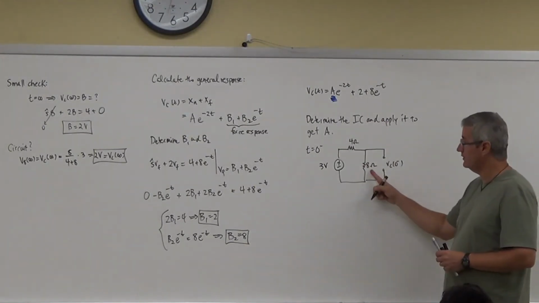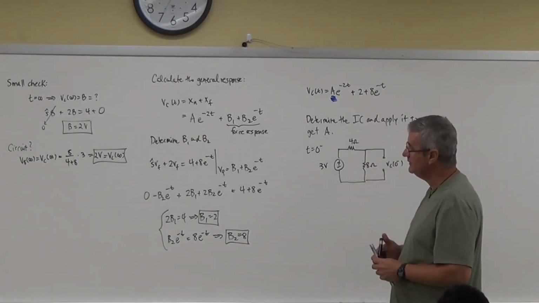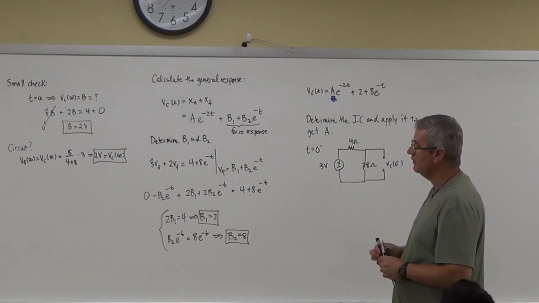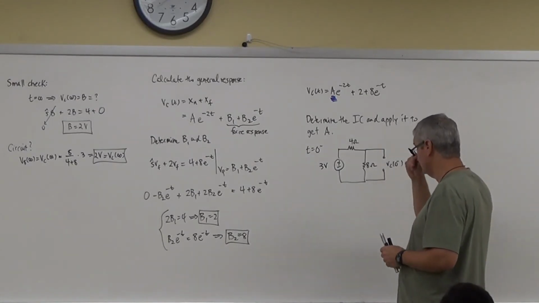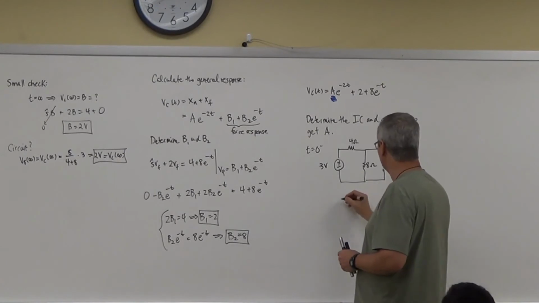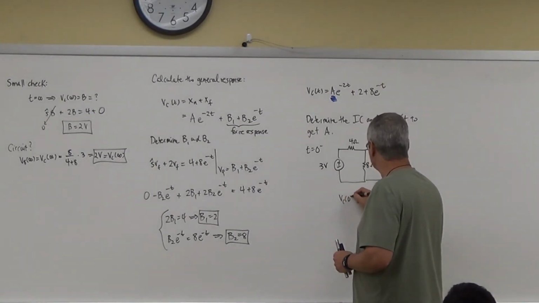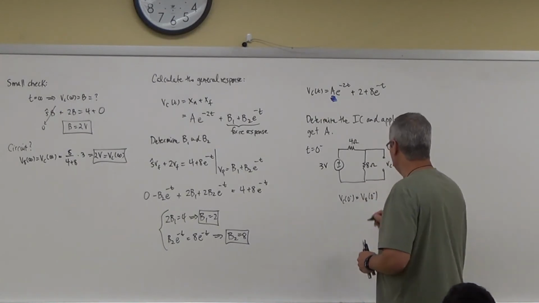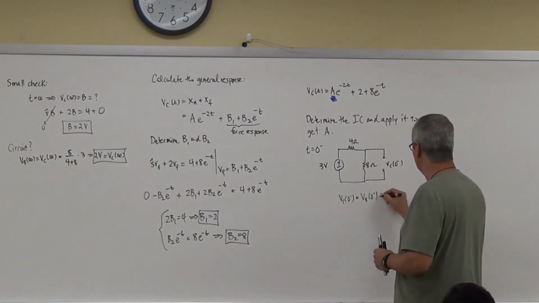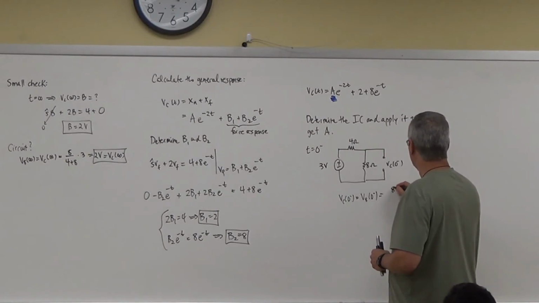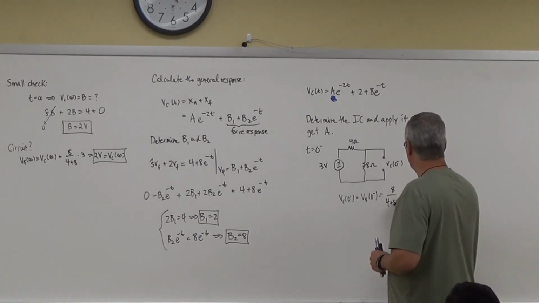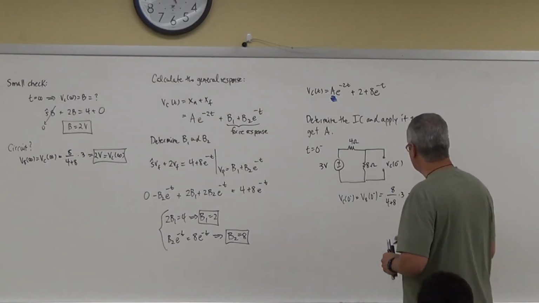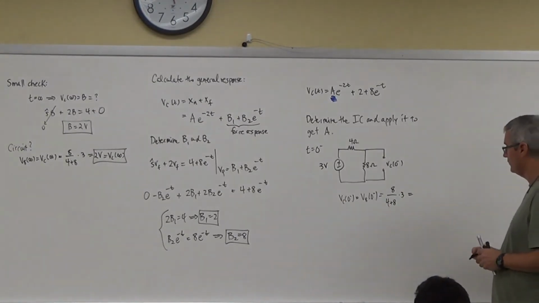Once again, did we do this already? No, okay. So if I do this here, I can see that the voltage at 0 minus has to be the voltage across the 8 ohm resistor at 0 minus. So it has to be 8 over 4 plus 8 times 3.